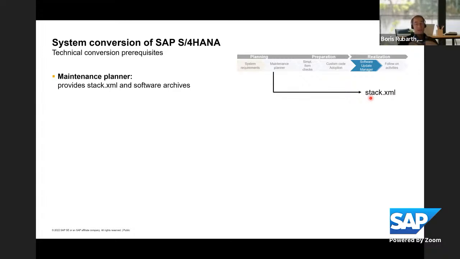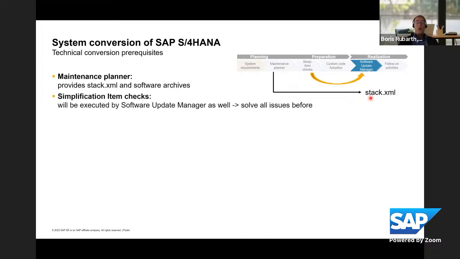The maintenance planner, as you know, will check the source system, whether it's capable of being converted on component level and business function level. And only if this check is green and you have the license for SAP S/4HANA, will the stack XML be provided. Of course, you have to consider the simplification item checks as well, where we strongly recommend you run the simplification item checks in the source system prior to starting the software update manager.